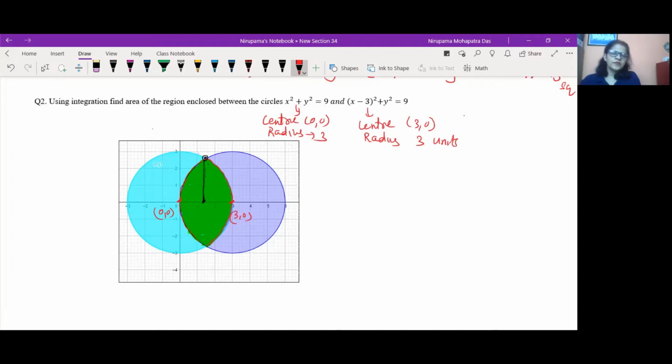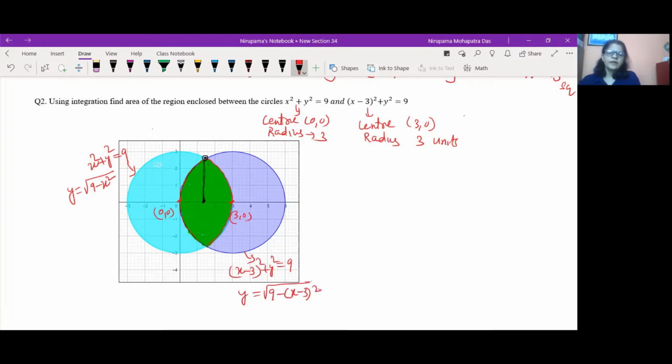Now this circle represents what? x square plus y square equal to 9, or y equal to under root 9 minus x square. This circle is (x minus 3) whole square plus y square equal to 9, or y equal to under root 9 minus (x minus 3) whole square.